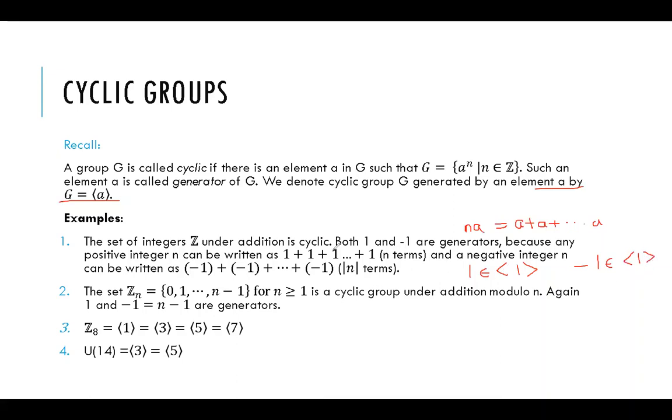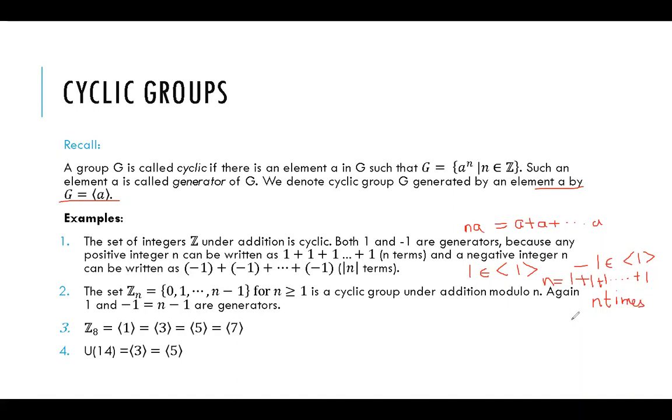And now if we take any positive integer n, then n can be written as 1 plus 1 plus 1 up to n times. So this is when n is positive.